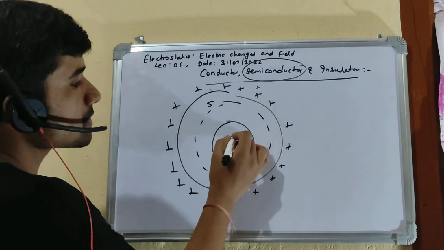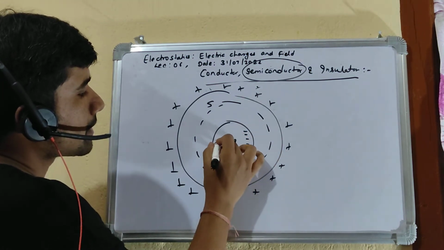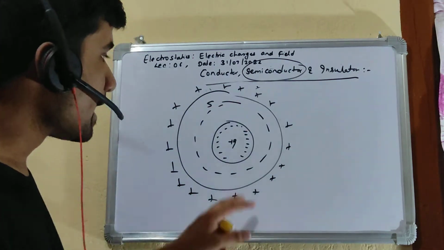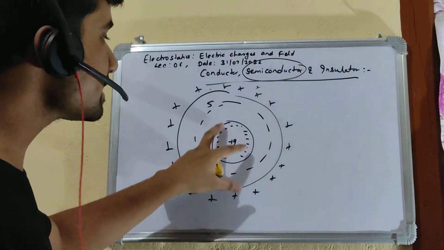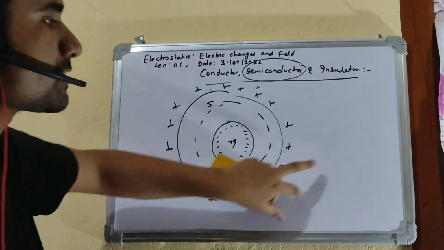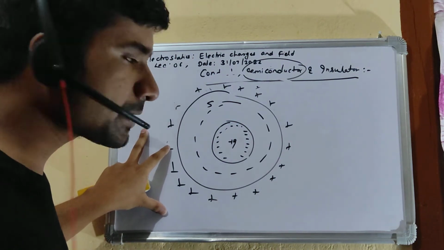So this plus Q will induce negative charges on this periphery. And now you can say that the electric field inside this S is always 0, and this negative charge will induce an equal amount of positive charge on the outer circumference, since the conductor overall is neutral. Okay.